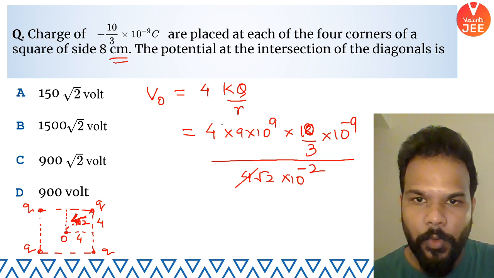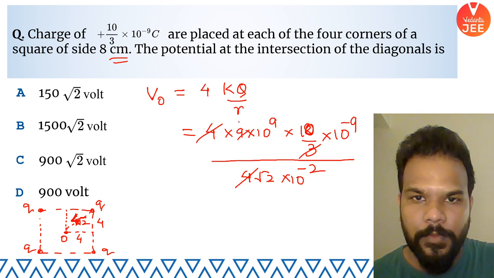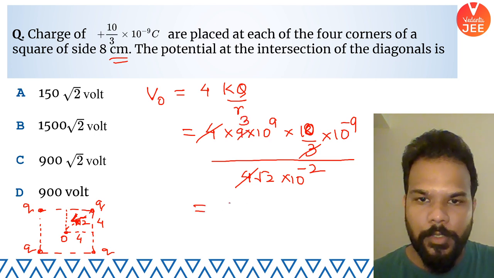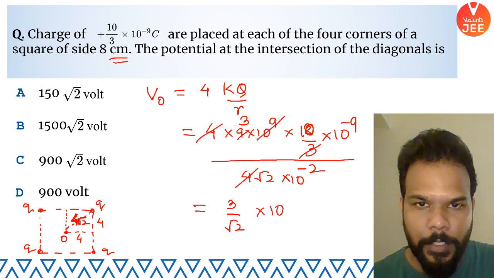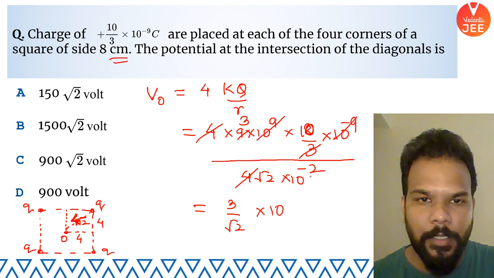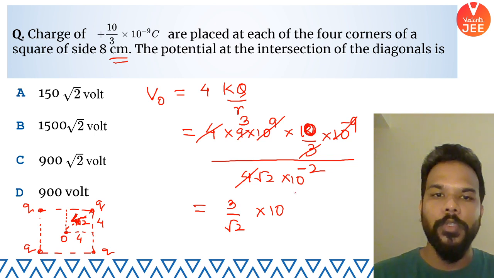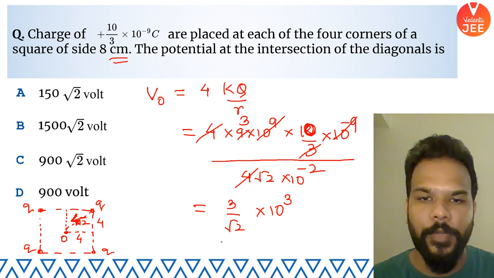So you can see that this 4 and this 4 get cancelled. This will also cancel 3. So 3 by root 2, and 10 to the power 9 minus 9 got cancelled. This 10 is already waiting. This 2 goes up, 10 to the power 2 goes up. So overall it is 10 to the power 3.